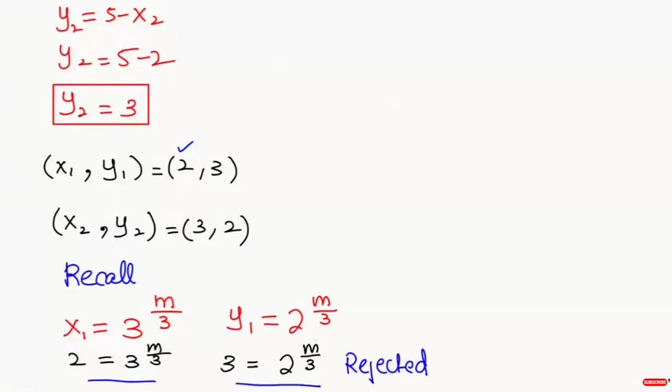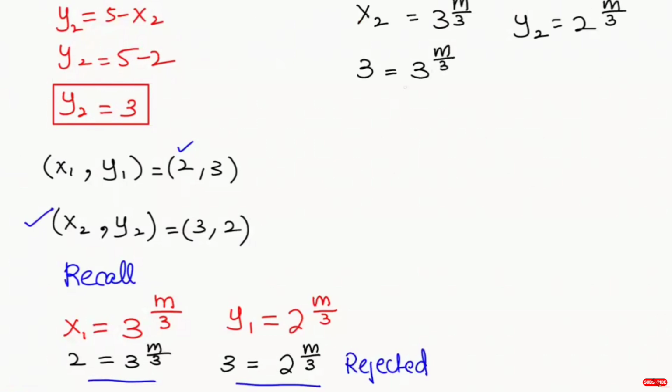Next, I'm going to plug in this pair. x2 is equal to 3 to the power of m over 3, and y2 is equal to 2 to the power of m over 3. And here we have 3 is equal to 3 to the power of m over 3.